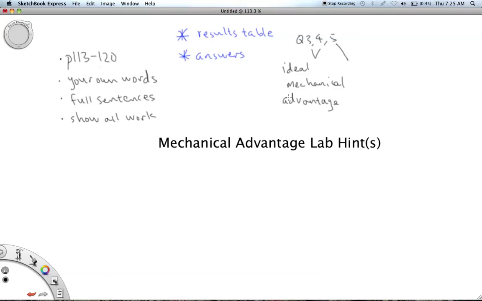So I understand if you're a little bit uncertain of it. Question 5 also focused on functions of machines.